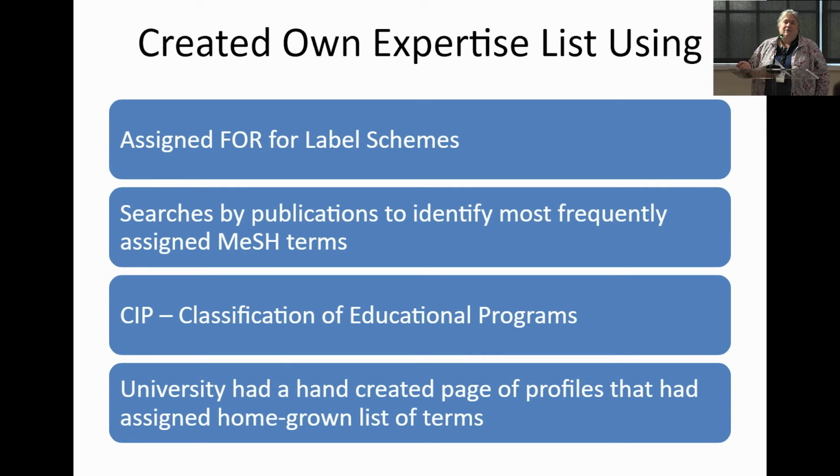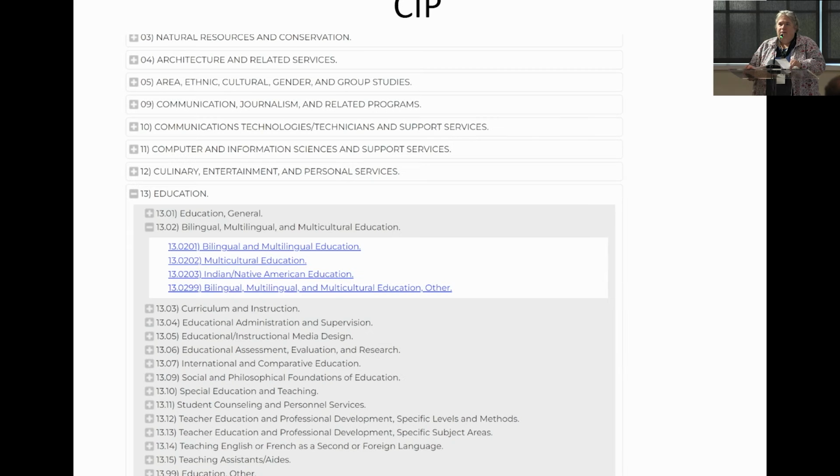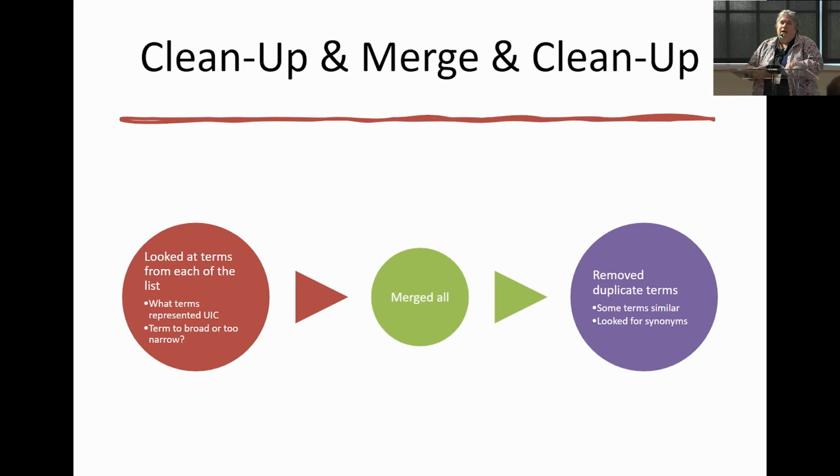And then our university itself also had its own page of terms that it had come up with to highlight some profiles. So we put that all together, and this is just an example of the CIP.